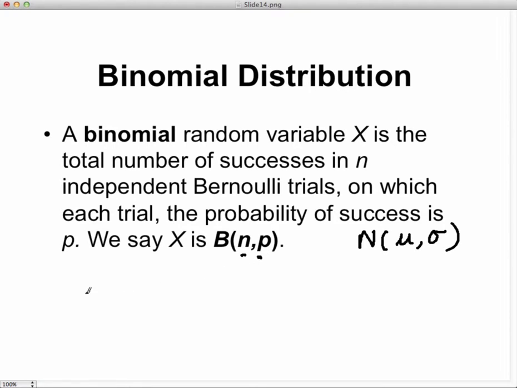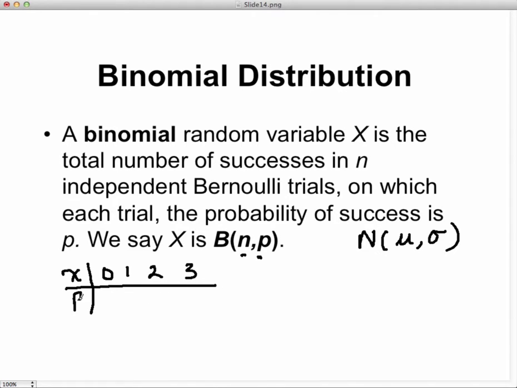So let's think about this in terms of what could happen here. Our random variable X, which turned out to be a binomial random variable in the previous example, the possibilities that it could take on were 0, 1, 2, and 3, right?